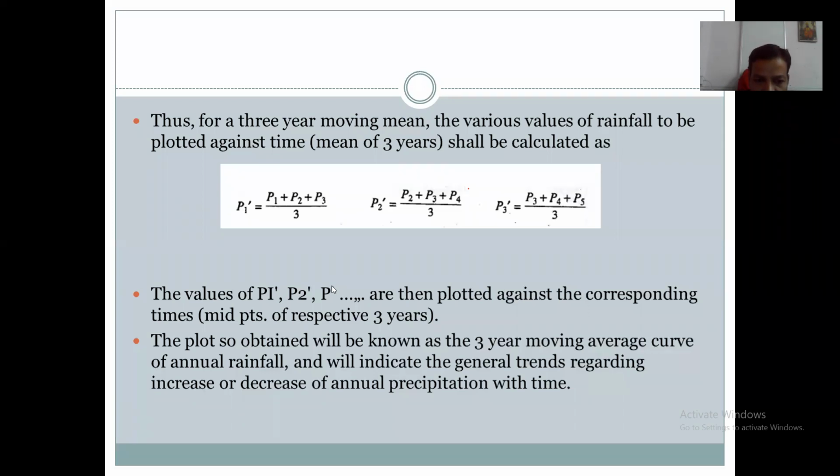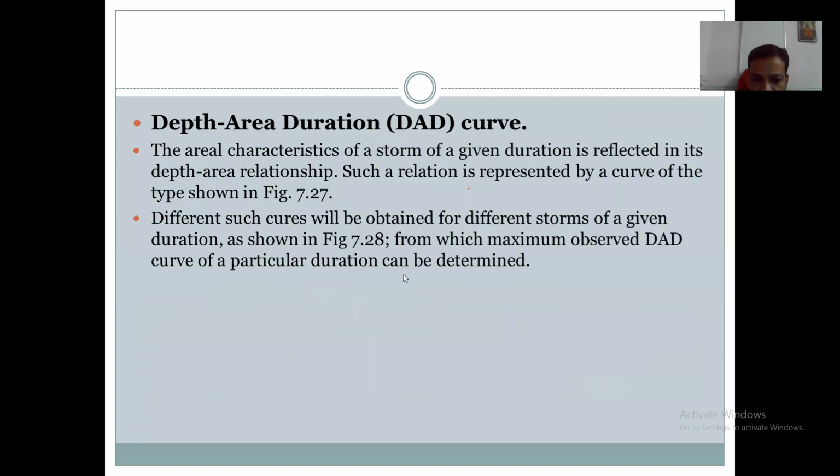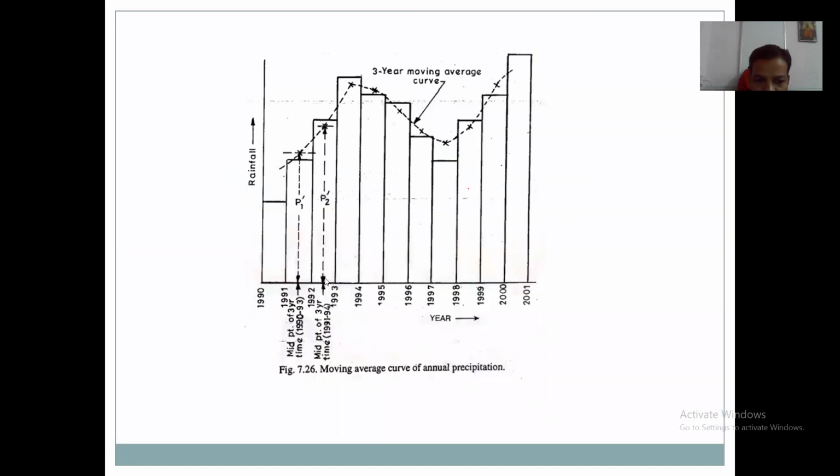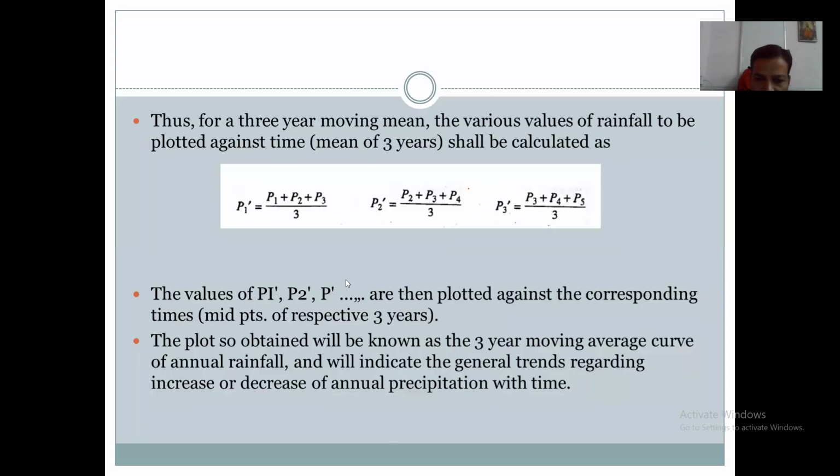So from these values, P1 hash, P2 hash, P3 hash, the graph is plotted corresponding to that time, corresponding to that year.